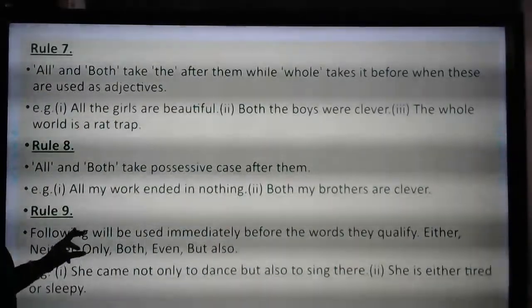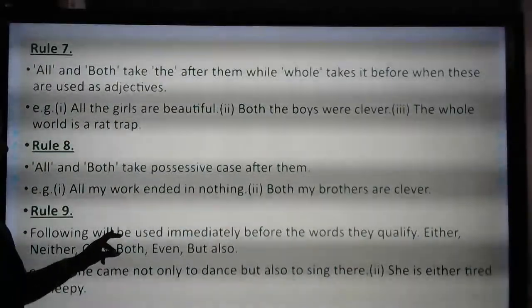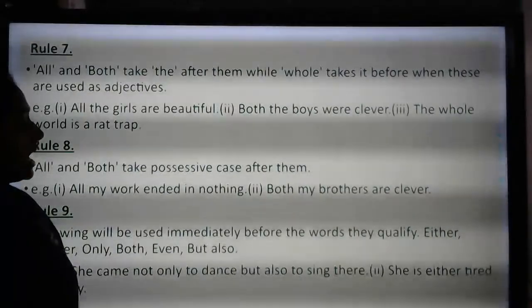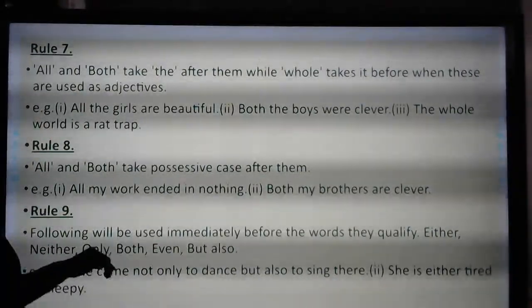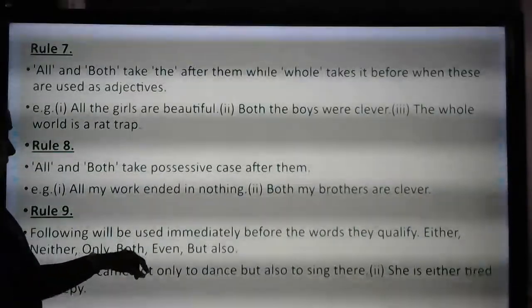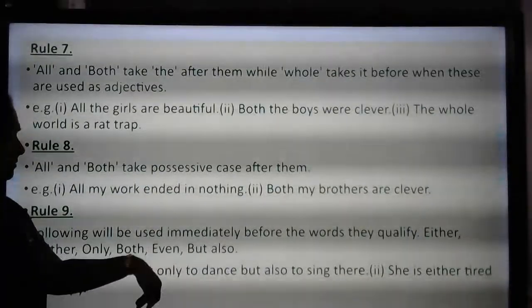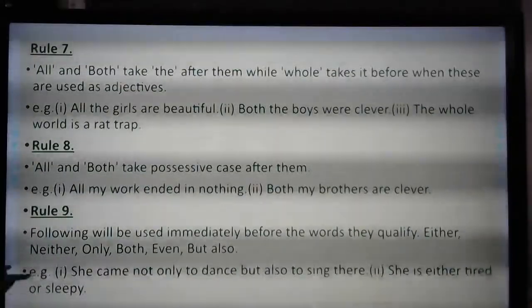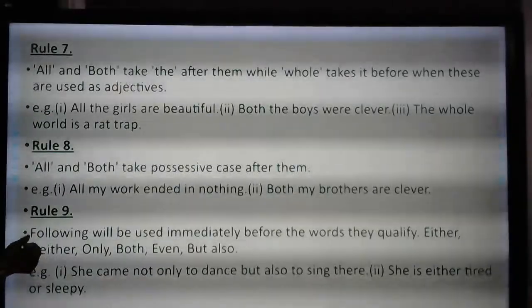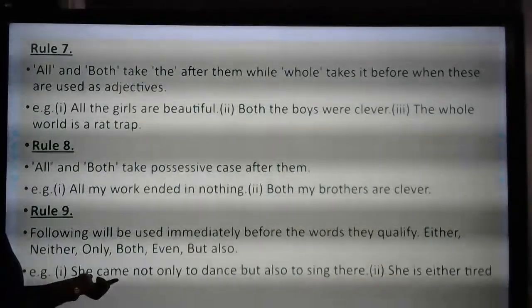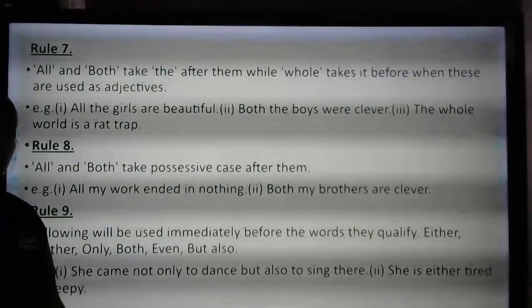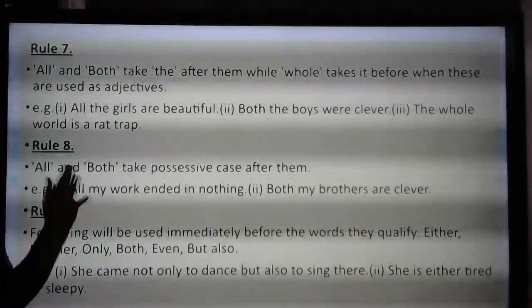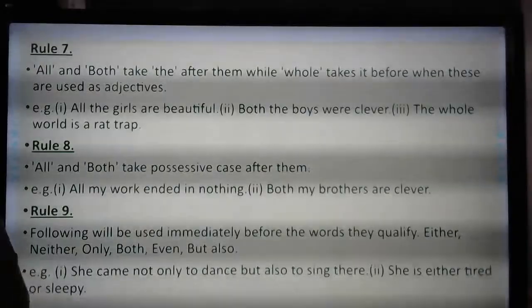Next, the following will be used immediately after the word they qualify, such as either, neither, only, both, even, but also. So these are conjunctions. How are we using them? See here, she came not only to dance but also to sing there. So she came to dance and she came to sing.